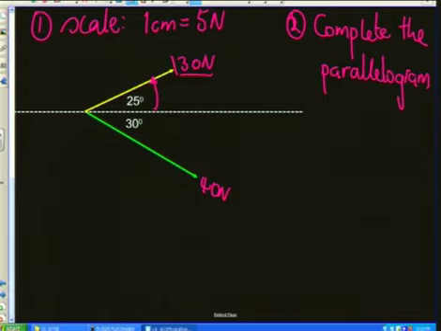All right. So what I will do, I will complete the parallelogram. This one here has already moved. It's there. So I'll complete my parallelogram by taking this one and putting it down up there like that.